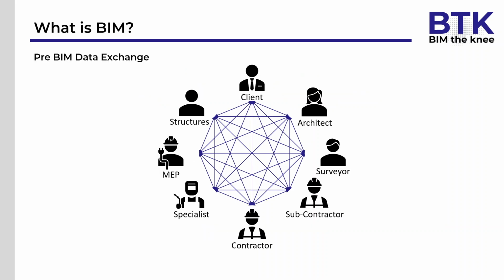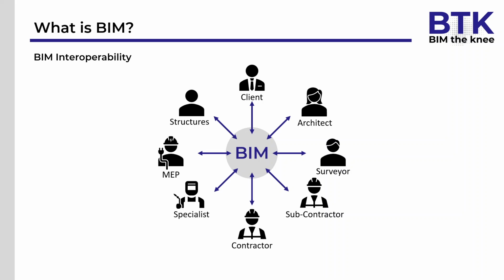This graphic shows exactly how the pre-BIM data exchange works between the different parties, and I guess it sounds familiar to most of you, doesn't it? So now I'm going to show you the difference with BIM interoperability. How easy it is with BIM coordination, where everything is in the common data environment and everyone will have access to the information.